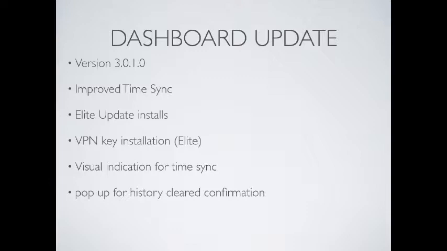So again, this is an important update because in the next day or two, we will also be releasing the Elite Reader update. It's not quite ready yet. I was hoping to release it today, but it's not quite done. This will be version 2.5.1. And the dashboard application is up on the website now.